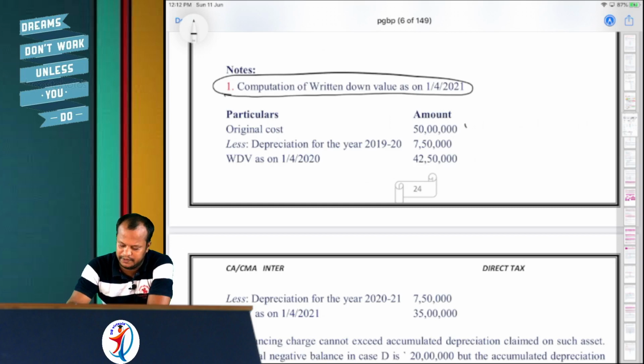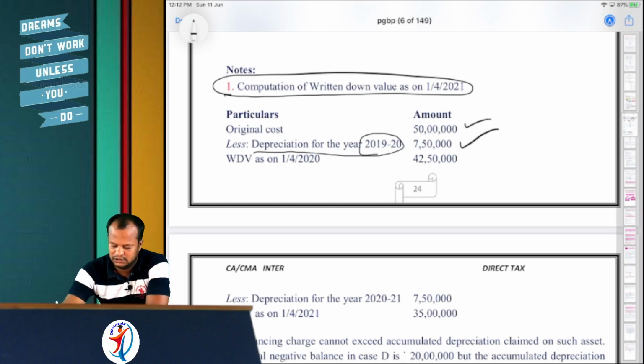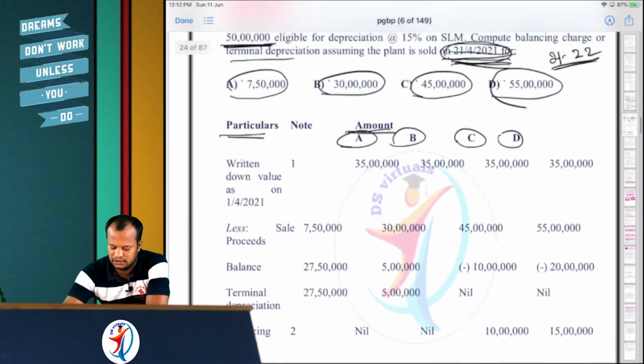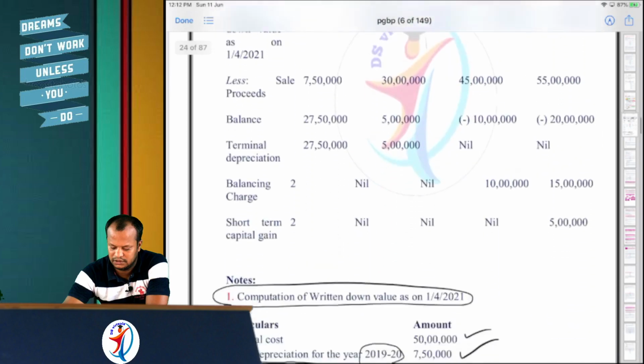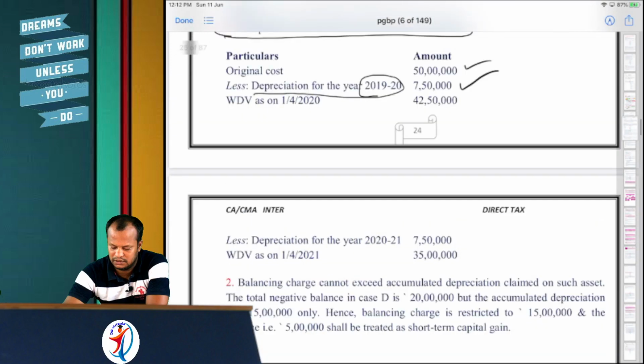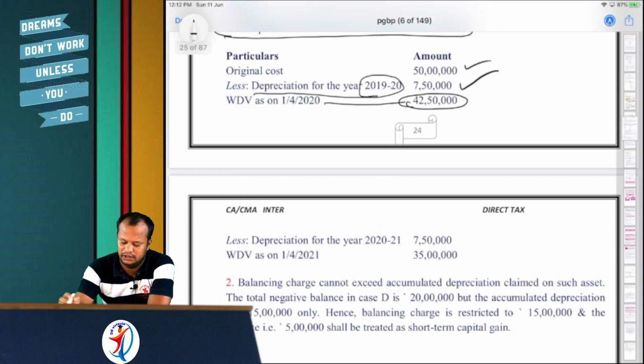Original cost 50 lakh. Depreciation for the year 19-20 will be deducted first: 7,50,000, 15% SLM. So WDV on 1st April 2020 is 42,50,000.